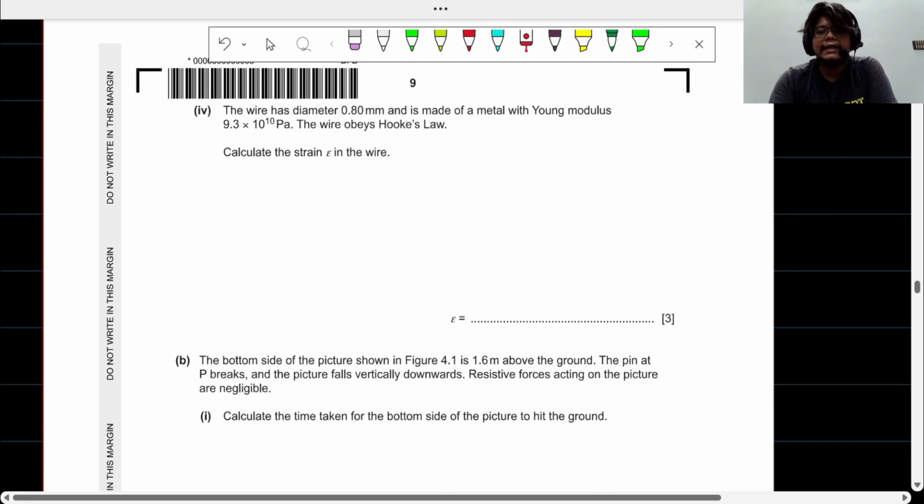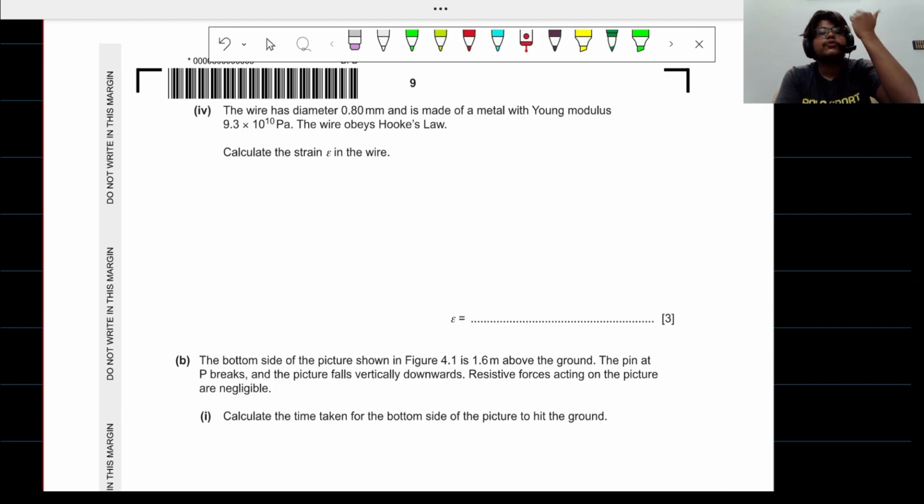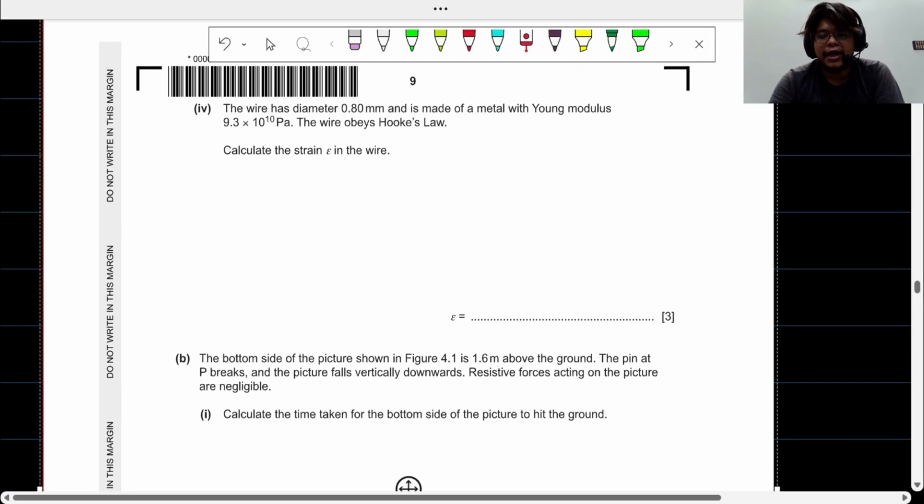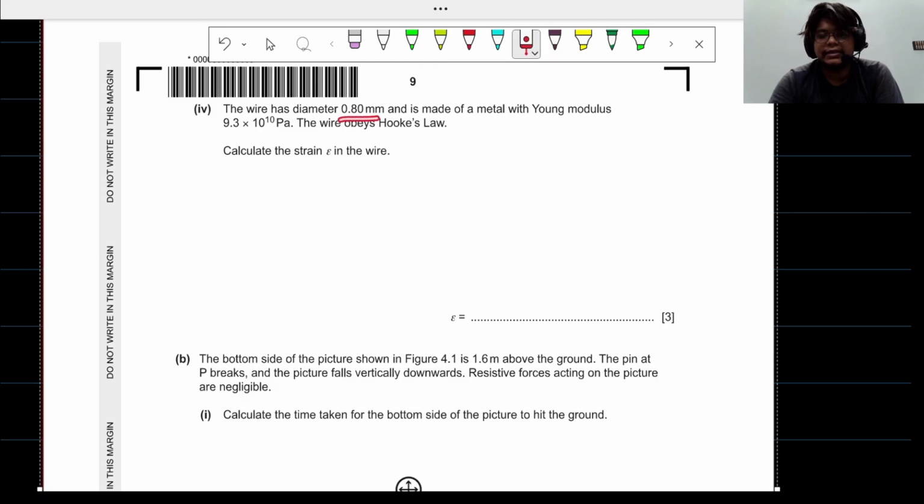Then it says that the wire has a diameter of 0.8 millimeters and is made of metal with Young modulus 9.3 times 10 to the power 10 pascals. The wire obeys Hooke's law. Calculate the strain in the wire. First, we already know the tension in the wire, that is 13 newtons. By using the tension and the area, we can find the stress. Stress is equal to force over area, and force is 13 here.